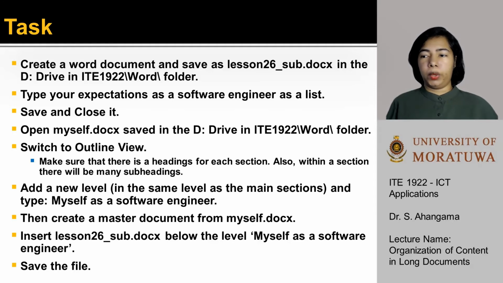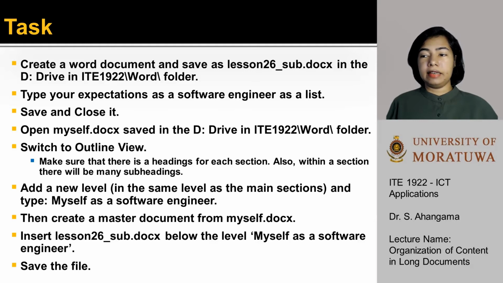Now switch to outline view. Here make sure that there is a heading for each section, and also within a section there will be many subsections. Add a new level in the same level as the main sections and type myself as a software engineer. Then you can create a master document from myself Word file.